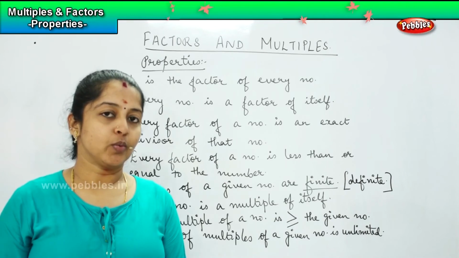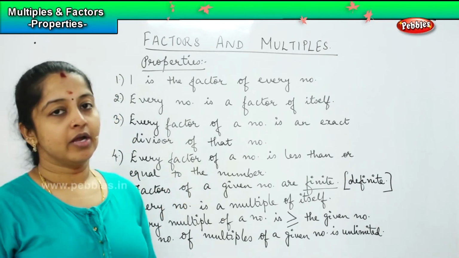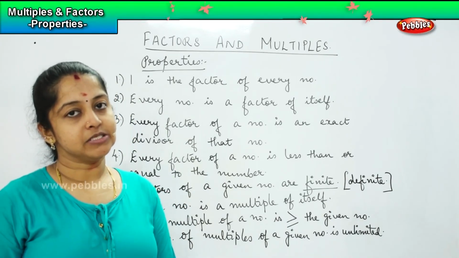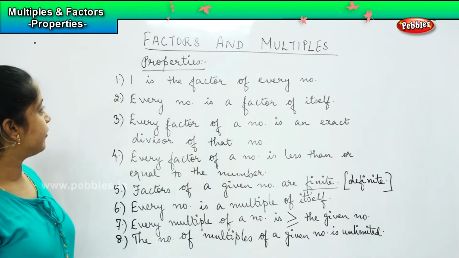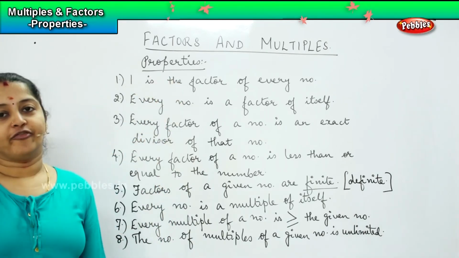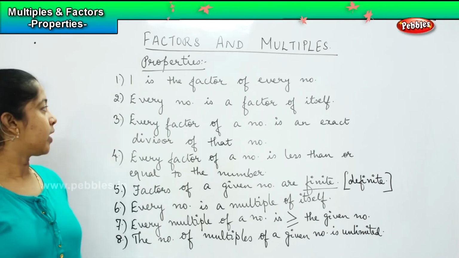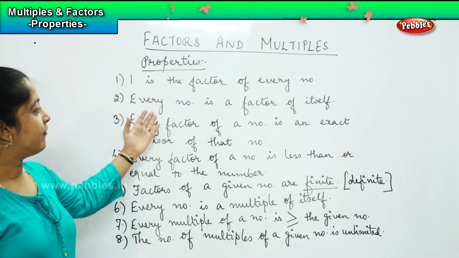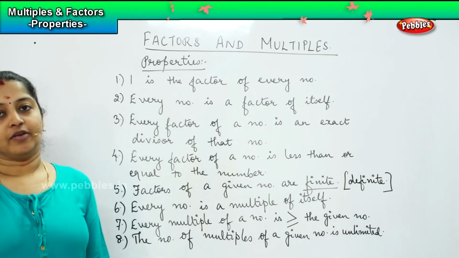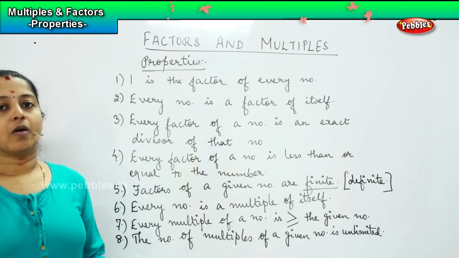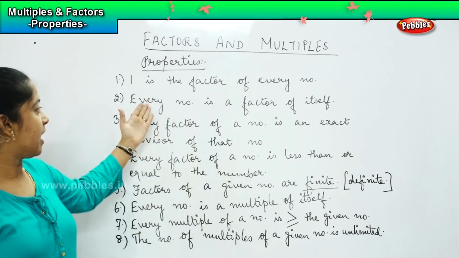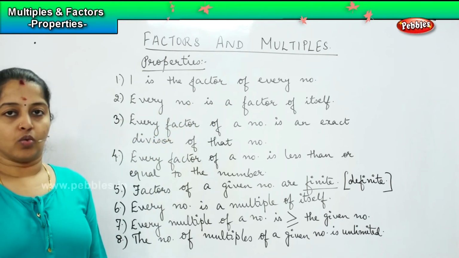So shall we quickly revise the properties of factors and multiples? The very first property of the factor is 1 is the factor of every number. So it is common and unique for all the numbers. The second property says every number is a factor of itself. So when you divide a number or multiply a number, you will have a factor of its own.